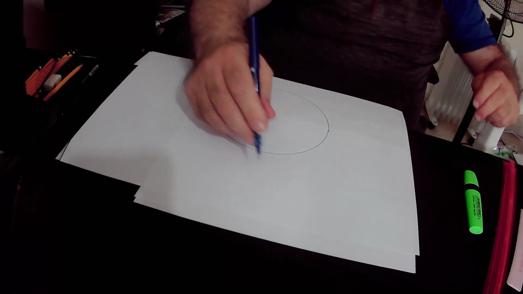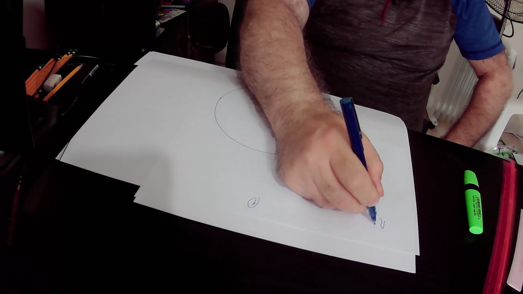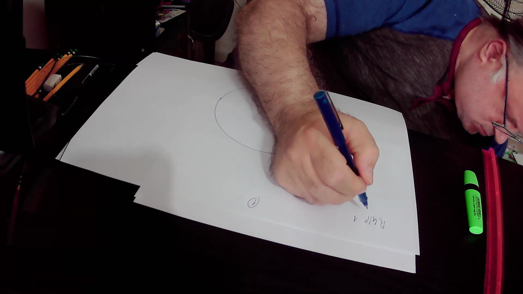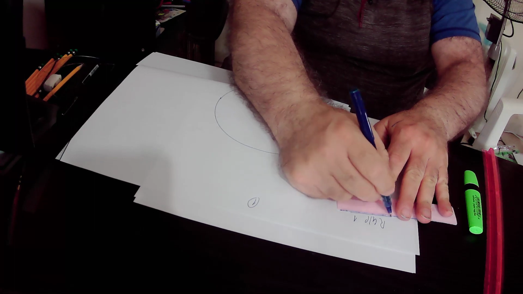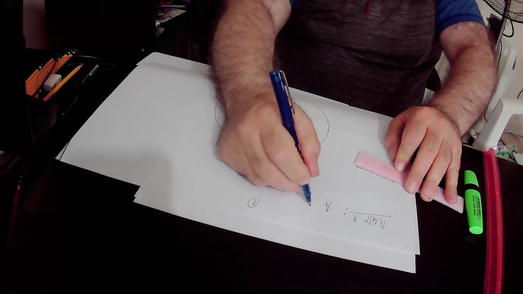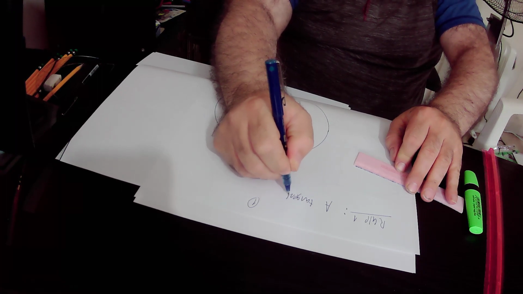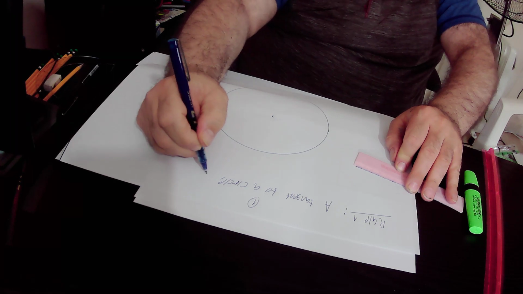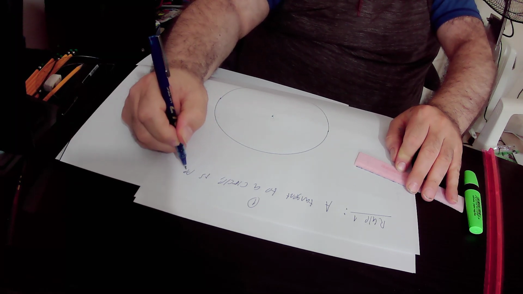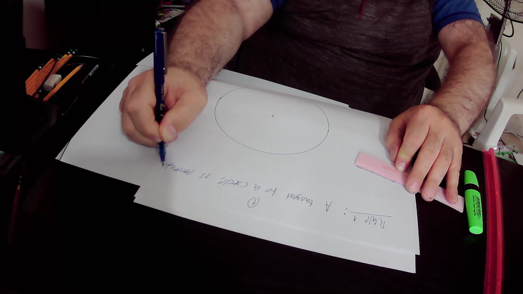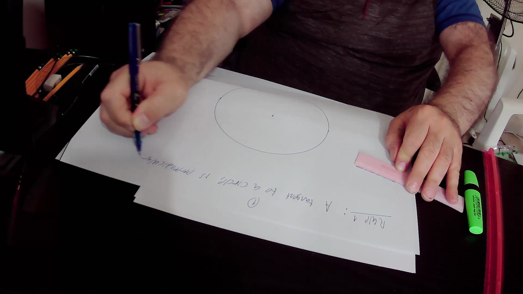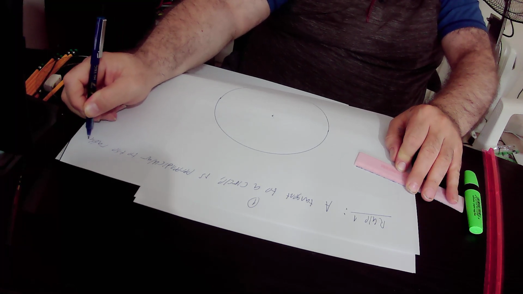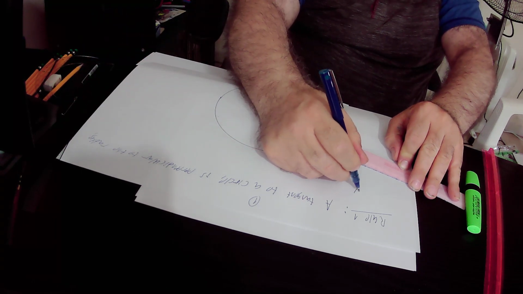According to rule number 1, the tangent to a circle is perpendicular to the radius drawn to its point of tangency.